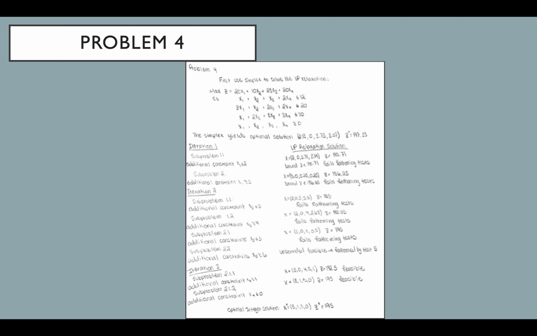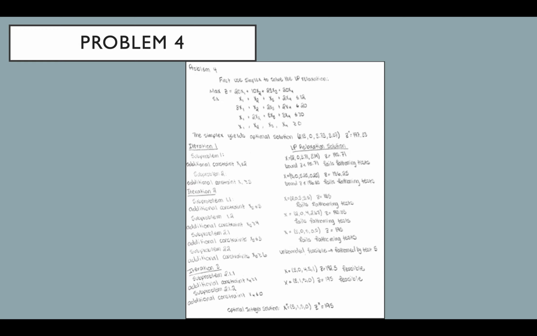At iteration 2, we have 4 subproblems to consider, 2 associated with each of the previous subproblems. In this iteration, we branch on x3 as it is the next variable with a non-integer value. The four subproblems have x3 less than or equal to 3, x3 greater than or equal to 4, x3 less than or equal to 5, and x3 greater than or equal to 6.